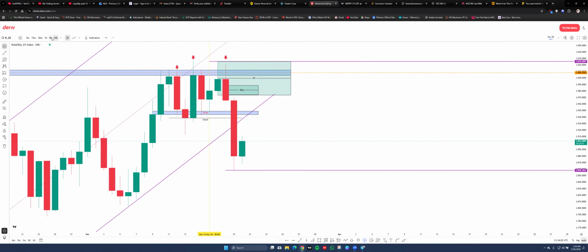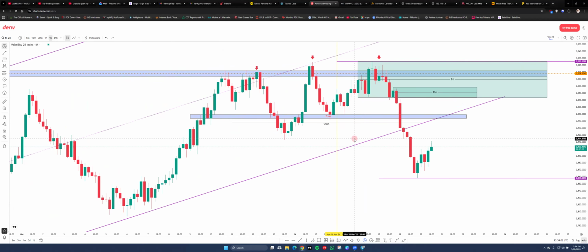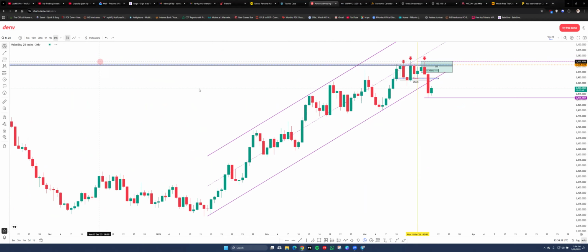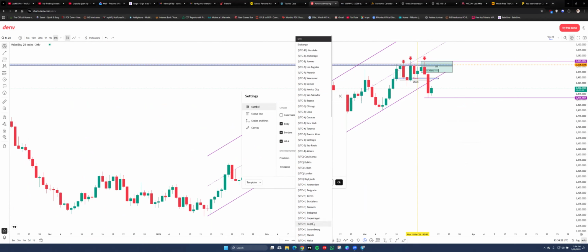If you break it down to the 4 hours, then you would see this happen. This is the 4 hours. The same area where I was saying I want to watch out, between here and here, to see if we'll have a fair value gap here. On the daily it is looking so, but we need to let this candle close. Okay, it's not yet in my time frame.